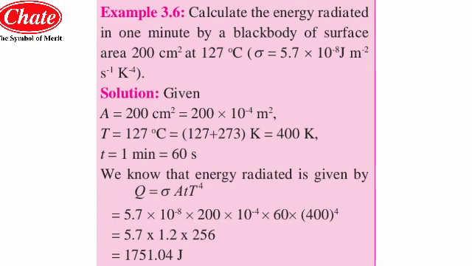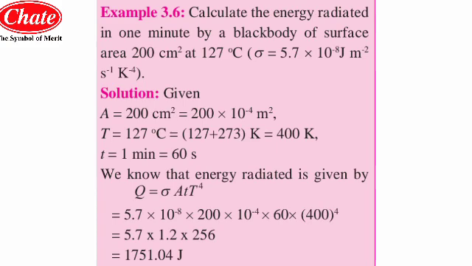The temperature is 127 degrees Celsius, and to convert it into Kelvin we add 273, so 127 plus 273 is equal to 400 Kelvin. The time given is 1 minute, which means 60 seconds.